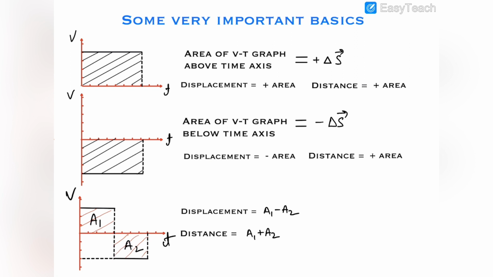It is due to the fact that distance is just the length of path traveled. So if a body is traveling in forward direction and then it makes a U-turn and starts to travel in the reverse direction, then also you can see that the distance traveled will be increasing always.